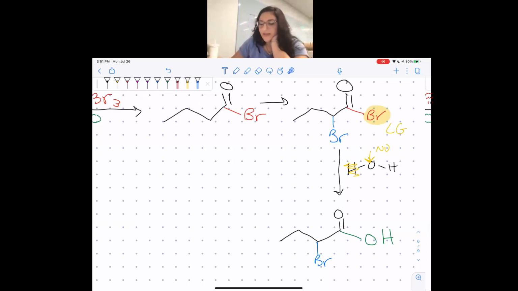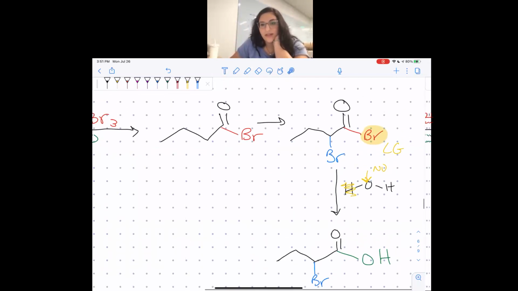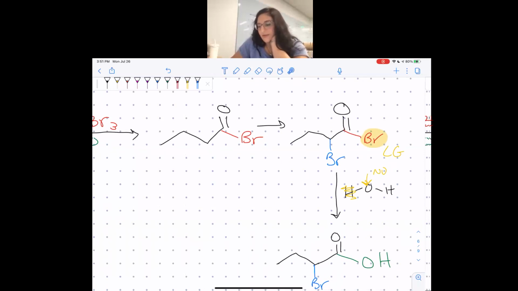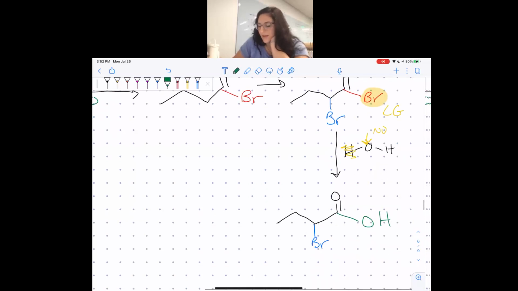Okay, so here it's just like what we talked about in chapter 17. When we did that reaction, remember we identified the leaving group, we identified the nucleophile, and we have to take off one of the hydrogens, because if we had an extra H here, there would be a plus.